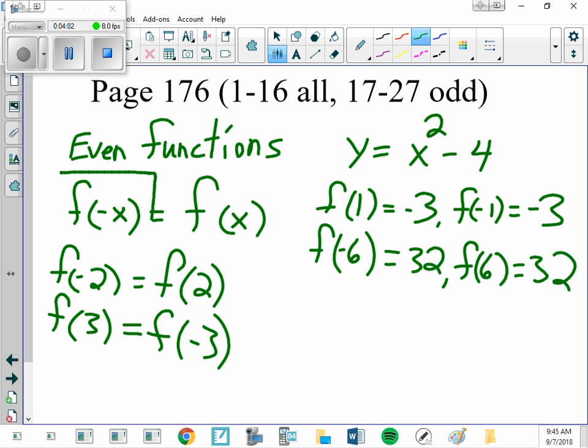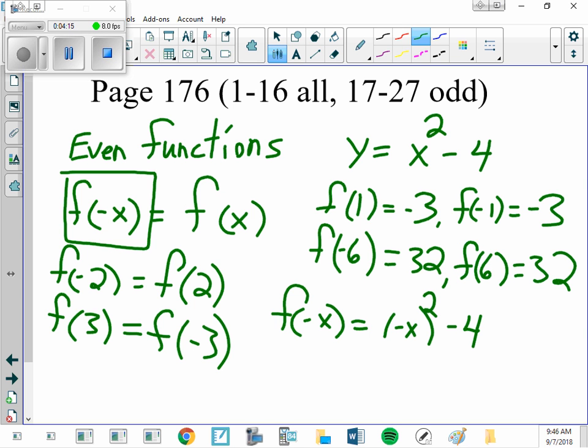Let's plug this in. Okay? So f of negative x is negative x squared minus 4. So, what do you notice about the quantity negative x squared minus 4? What happens when I square negative x? It turns into positive x squared.